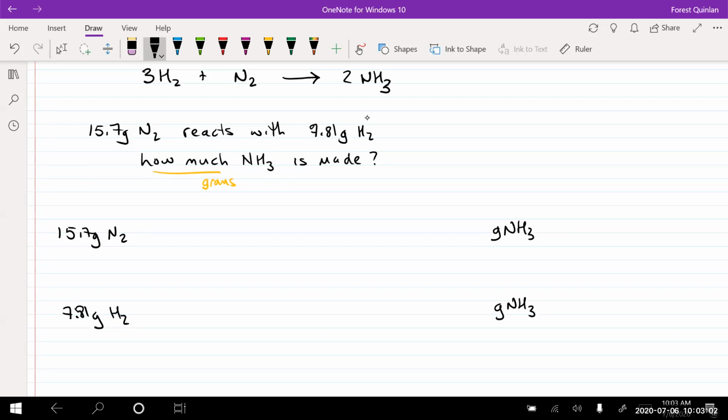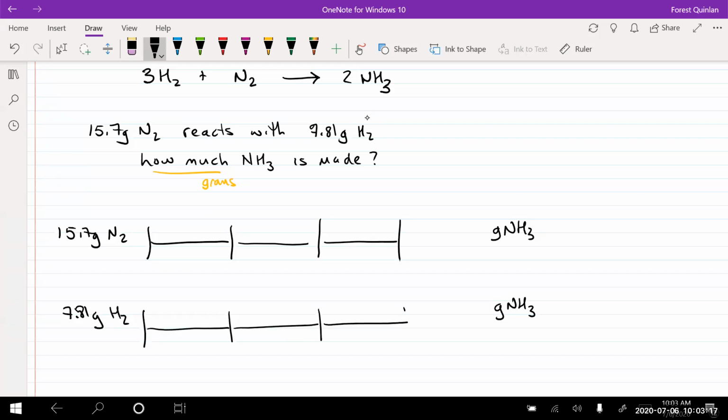Now, as we do this, we see that we have a mass to a mass. So this is a mass to mole to mole to mass calculation. And the same on the bottom, mass to mole to mole to mass. We have our boxes. Let's fill them in.